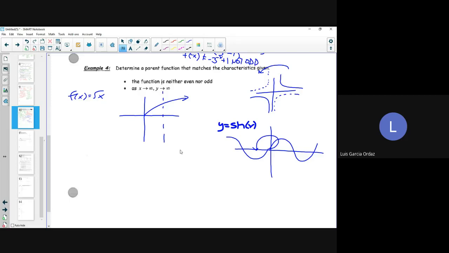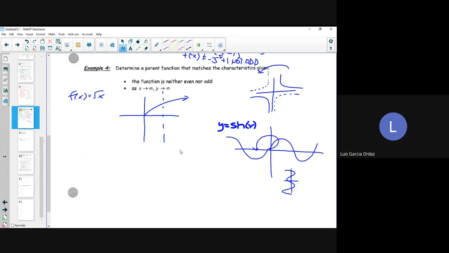So when you rotate it and it looks the same, then it has odd symmetry.